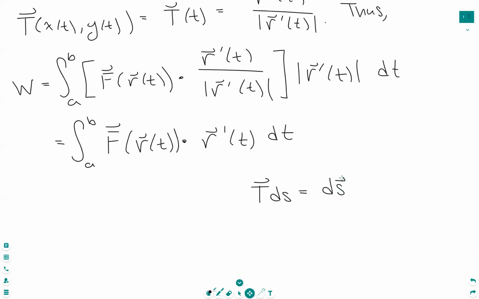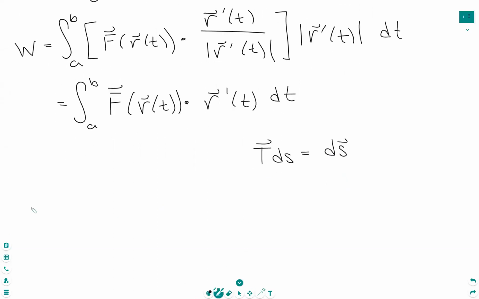It just means that the arc length has a specific direction to it that's given by T. Okay, this is called a flow integral.